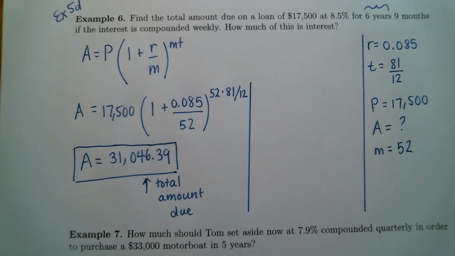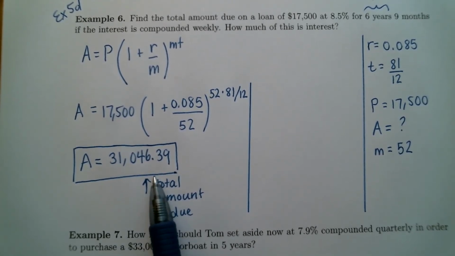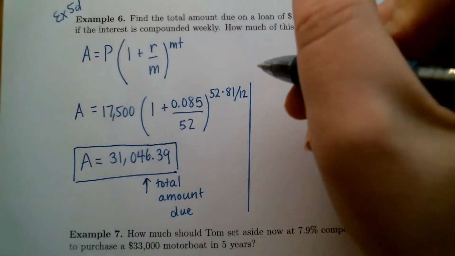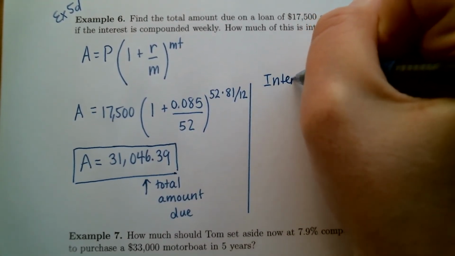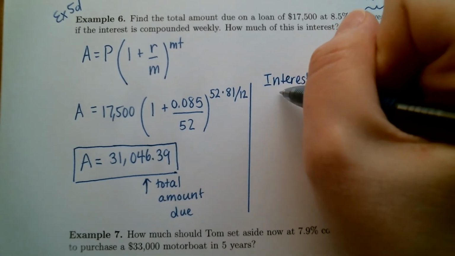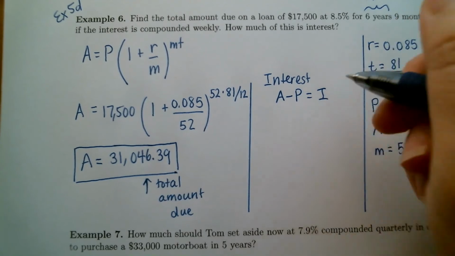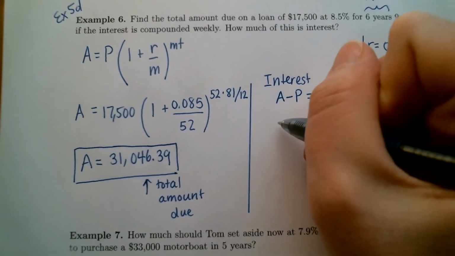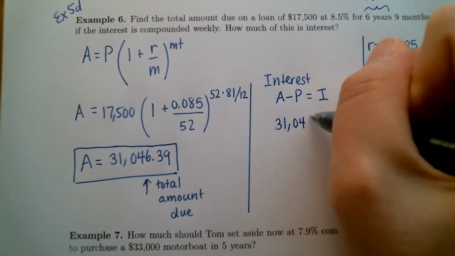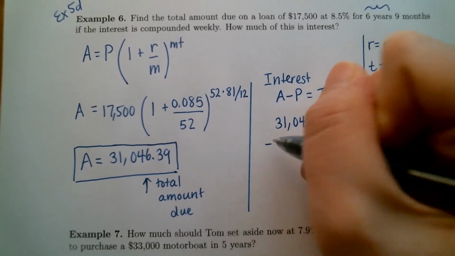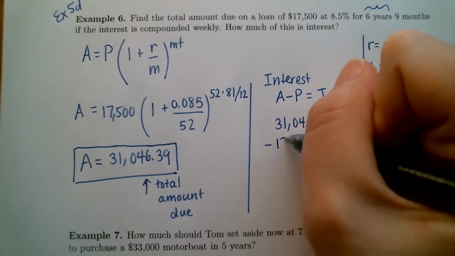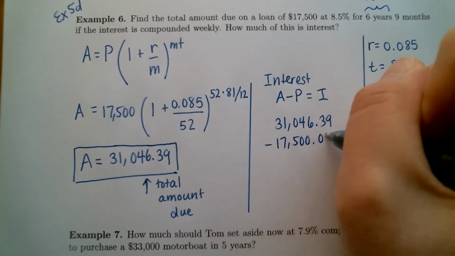Just use common sense at this point. I borrowed $17,500 in the beginning, and then I calculated how much I would have to pay back after the 6 years and 9 months, and that's this total. So subtract it out. To calculate the interest, we take the total amount that we pay back and subtract out how much we borrowed, and that's going to give us the interest. So we get $31,046.39 minus the $17,500.